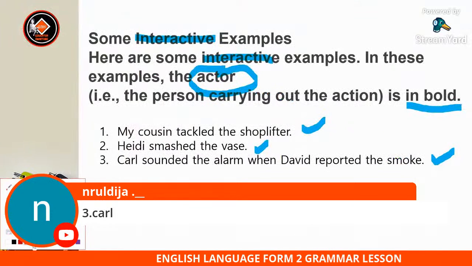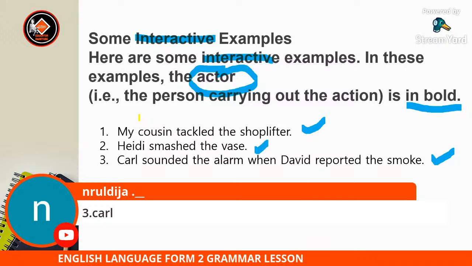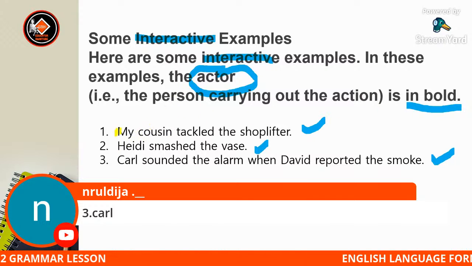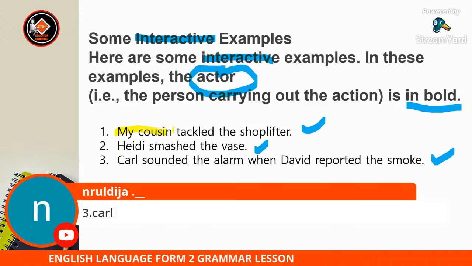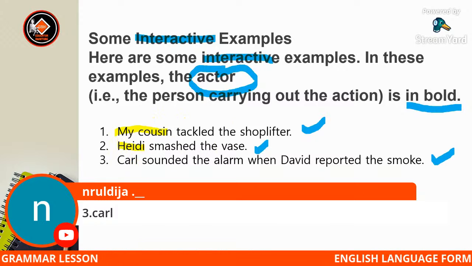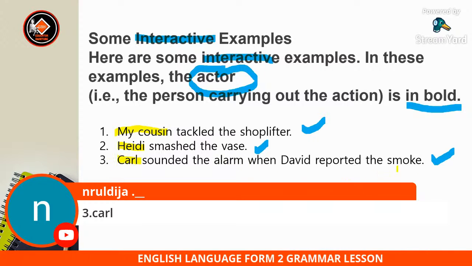So here, okay, my cousin tackle. So who is the person, the actor? The actor will be the first one, my cousin. Tackle the shoplifter. Tackle means maybe you try to catch him, okay? Heidi smashed the vase. So Heidi is the actor. Carl sounded the alarm when David reported the smoke.